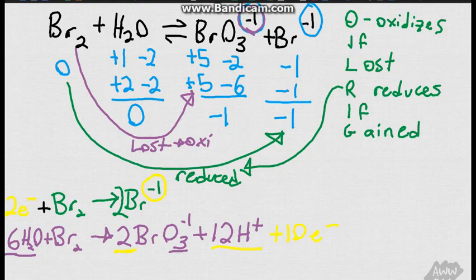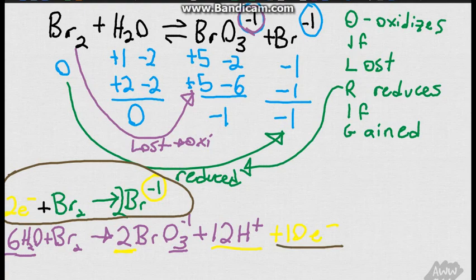Now, what we finally need to make happen is for all of the electrons to balance out. So we need to multiply this equation that we had so that there are the same number of electrons on the left-hand side total as on the right-hand side. So in order to get this 10 electrons, we are going to have to multiply both sides by 5.